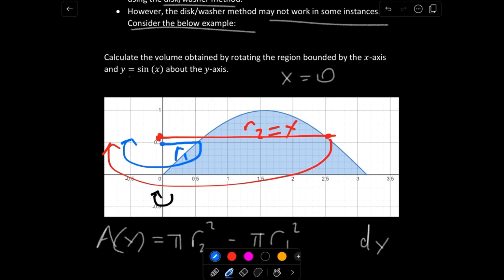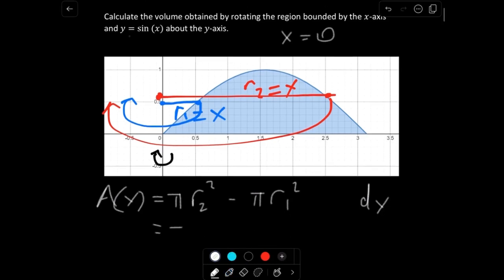We have a distance from the y-axis to a point on the curve, so that again is just an x value. So this is going to become pi x2 squared, where this is the x value for the outer radius, minus pi x1 squared, where x1 is the x distance for the inner radius.